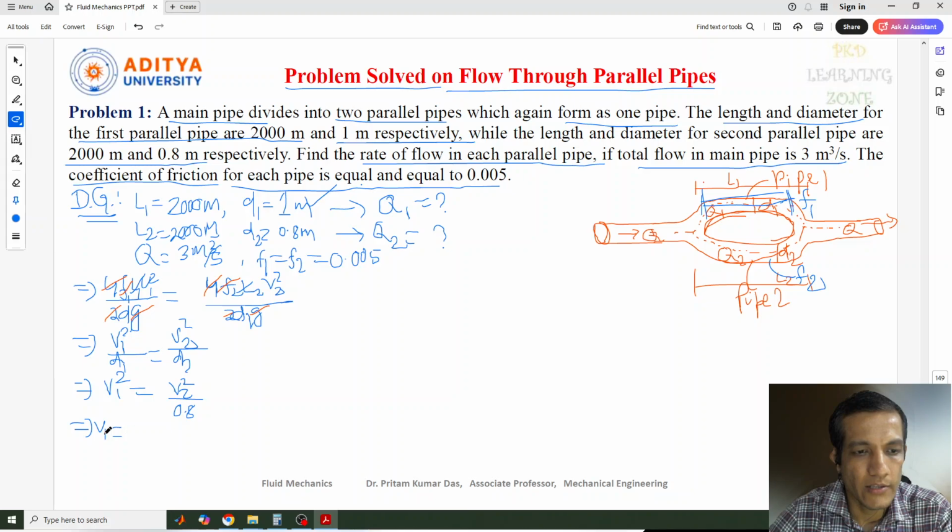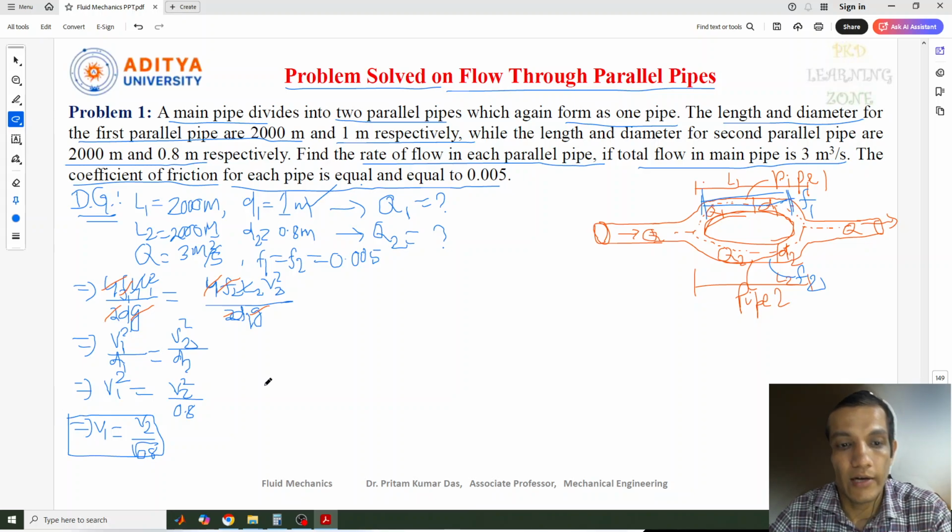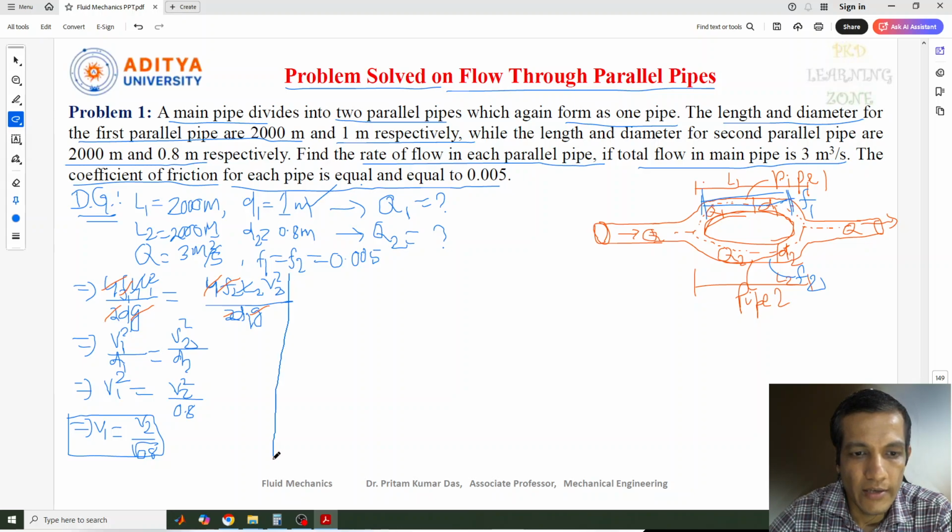So I'll take the V1 value. V1 is nothing but V2, the square I have taken out, so root over of 0.8. This is the value of V1. Now I'll put this value of V1 in the discharge equation. We know the discharge equation: Q1 equal to A1 into V1.